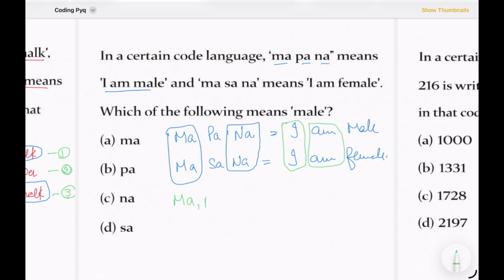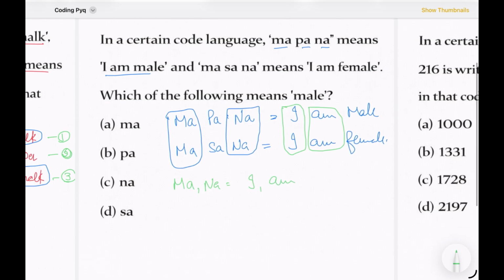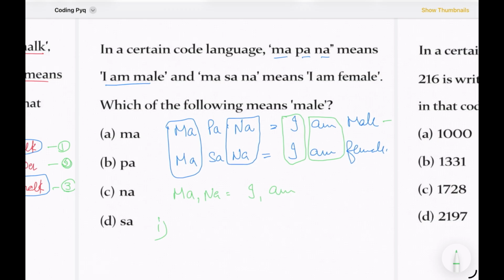So ma and na represent I and am. From first, pa is representing male, and from second, sa is representing female. In the question we have to identify which of the following means male. So male means pa, that is P. B is our correct answer.